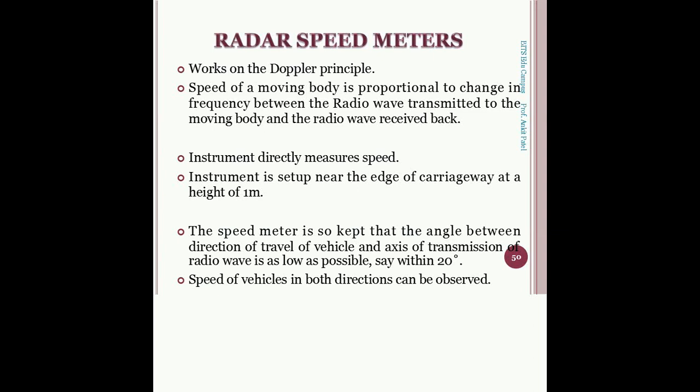The instrument is set up near the edge of the carriageway at a height of 1 meter. The speed meter is kept so that the angle between the direction of travel of the vehicle and the axis of transmission of the radio wave is as low as possible, say within 20 degrees. Speed of vehicles in both directions can be observed.